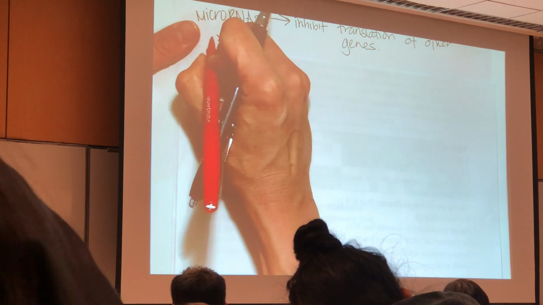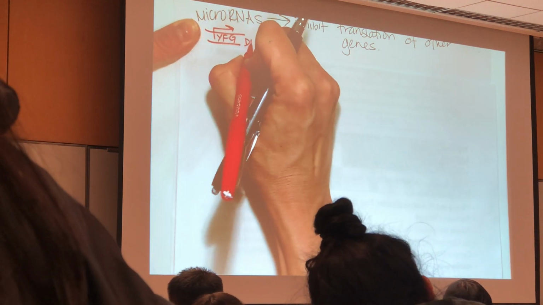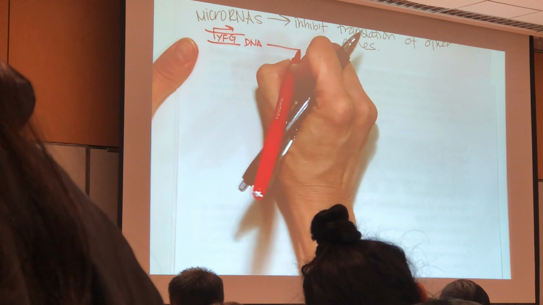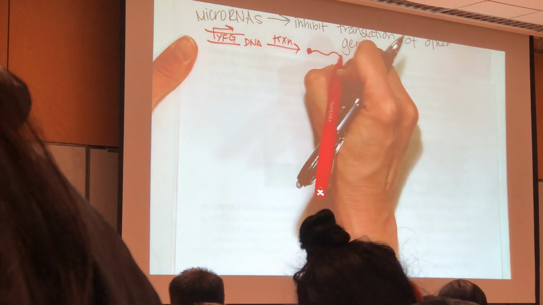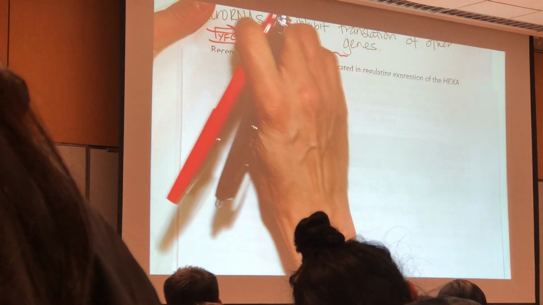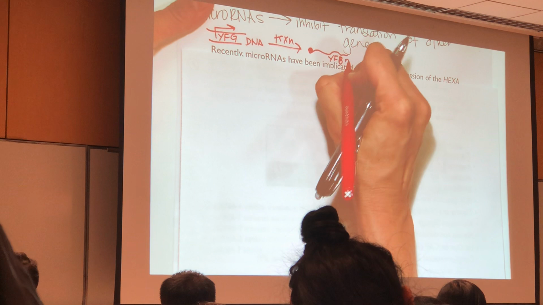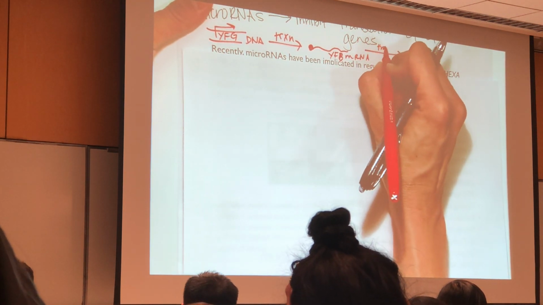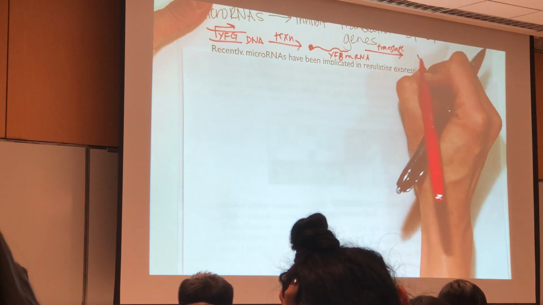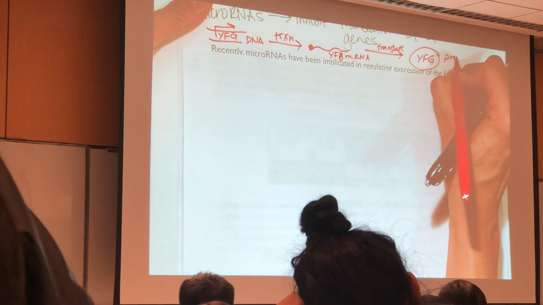Your favorite gene in red. If it's transcribed, you're going to have your favorite gene mRNA, YFG mRNA. If it's translated, you would have the YFG protein, YFP.